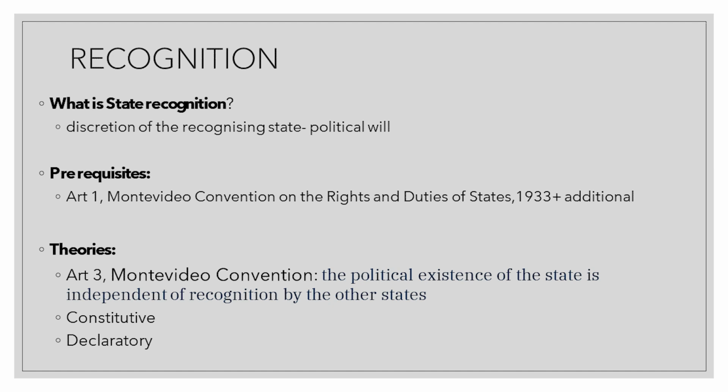And this convention begins with prerequisites of statehood under the very first article. So Article 1 of the Montevideo Convention on the Rights and Duties of States, which came into force in 1933, mentions 4 prerequisites for statehood. Right?